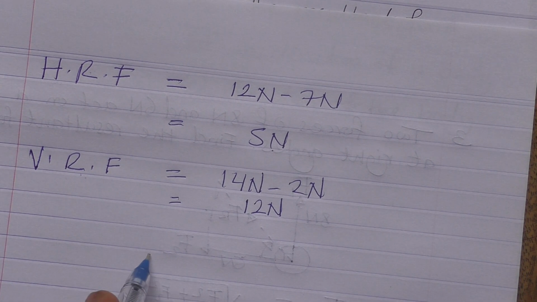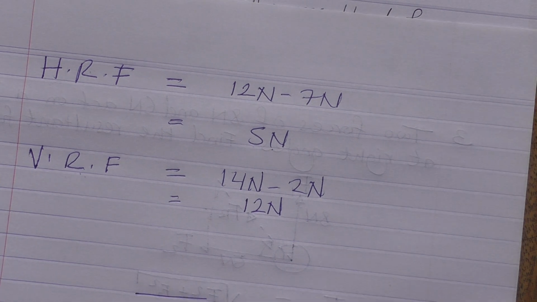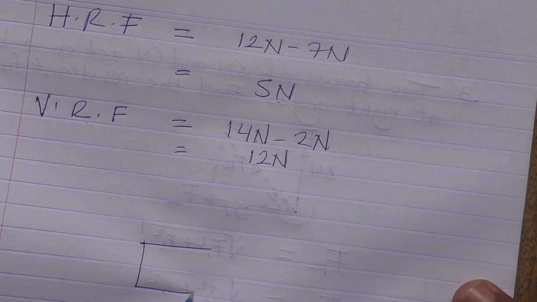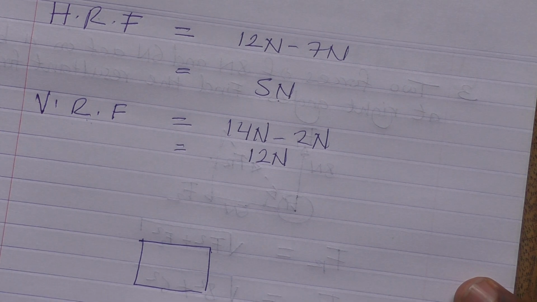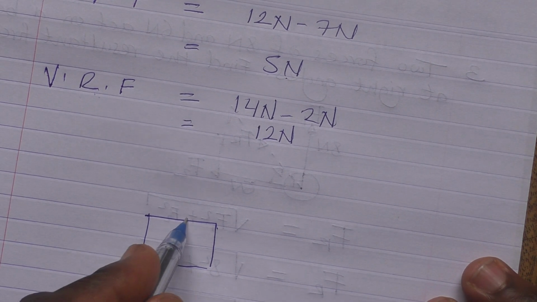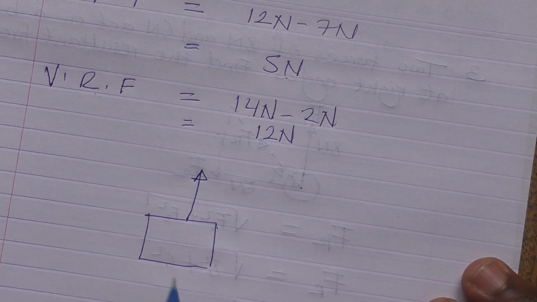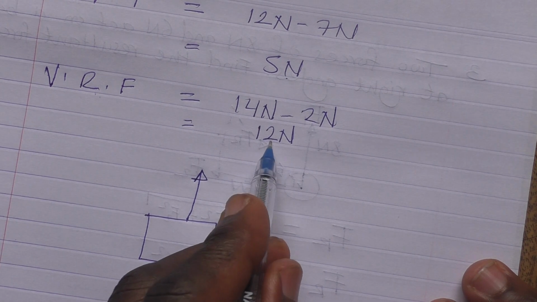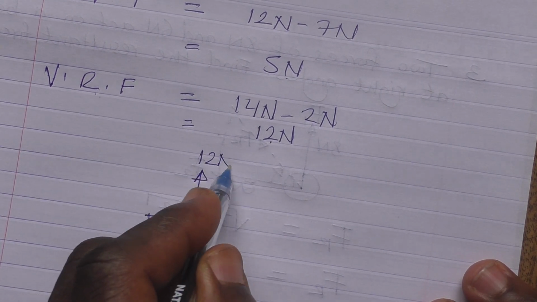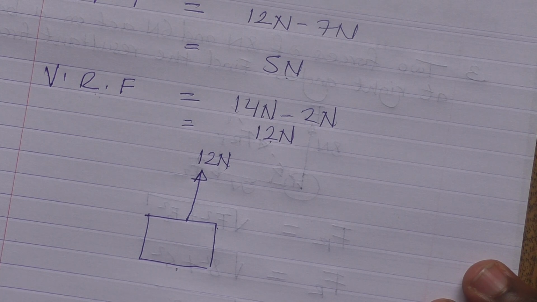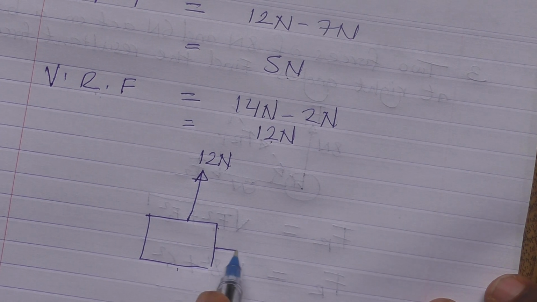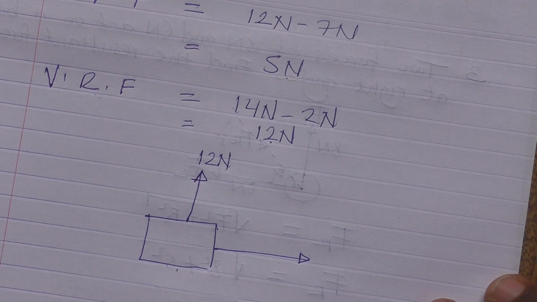And now we shall have another new arrangement of forces acting on the body. That is, in the direction of 14, we are remaining with 12 because we took away the 2, which was downward. Then, even on this side of 12, we are remaining with 5 newtons.